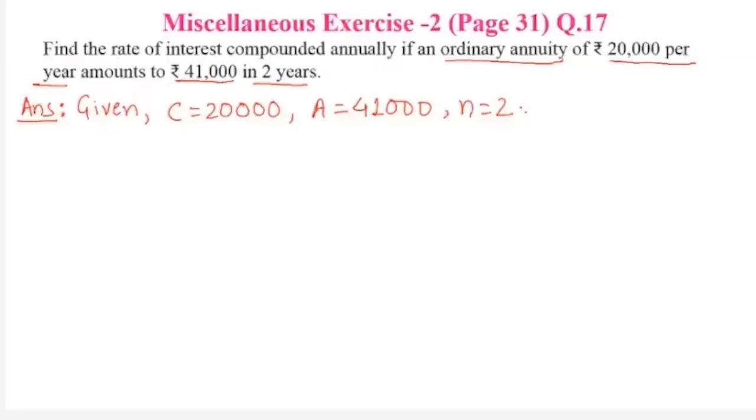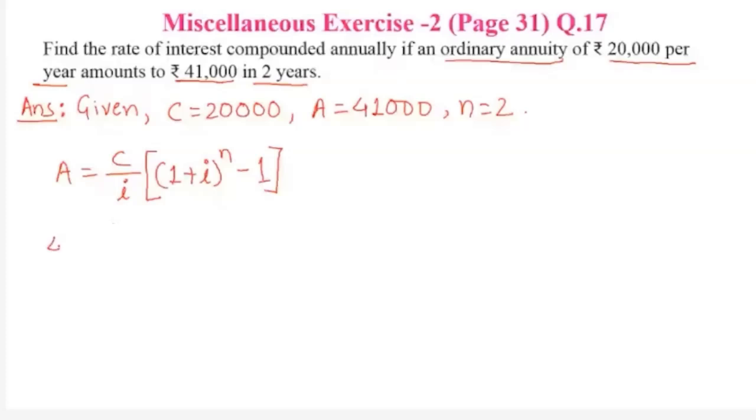Okay, let's continue. Formula: A is equal to C upon I, square bracket open, round bracket open, 1 plus I, bracket raised to N, minus 1, bracket close.